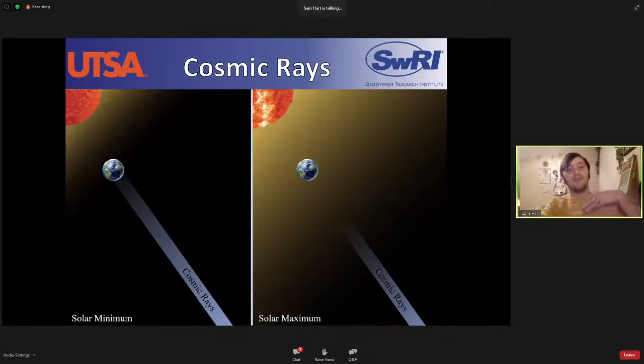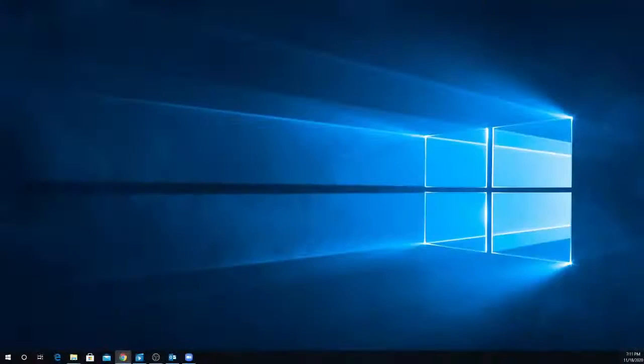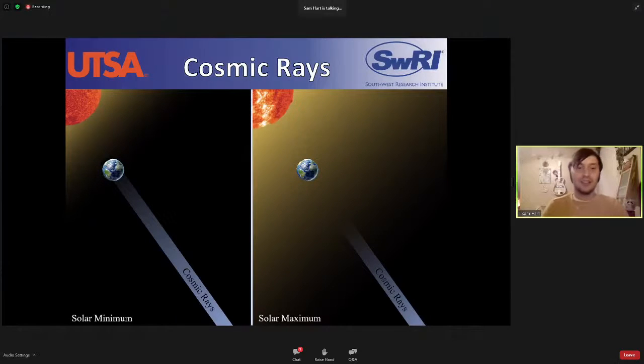So what does the sun exactly have to do with cosmic rays and vice versa? So when the sun is in solar minimum, or when there are no sunspots, we can think of it as though its defense mechanisms are down. Cosmic rays cannot easily get into our solar system because of how big of a beast our sun is.